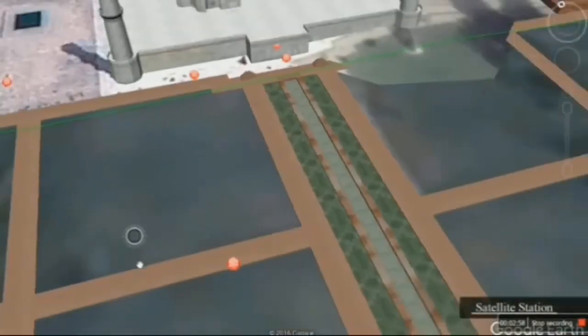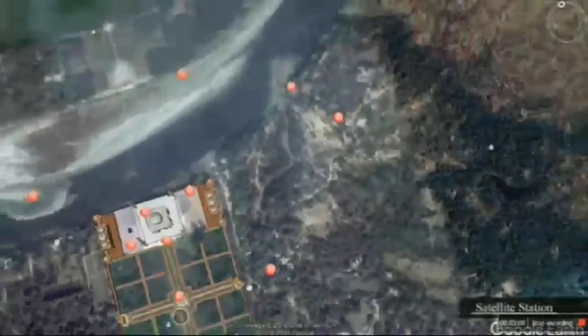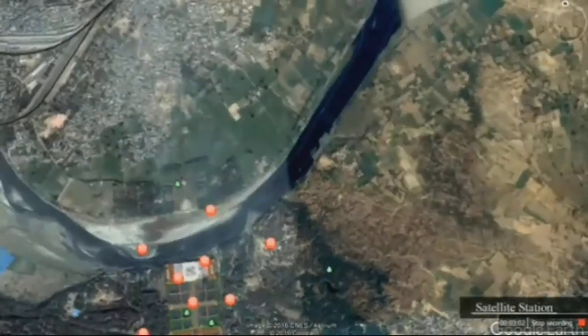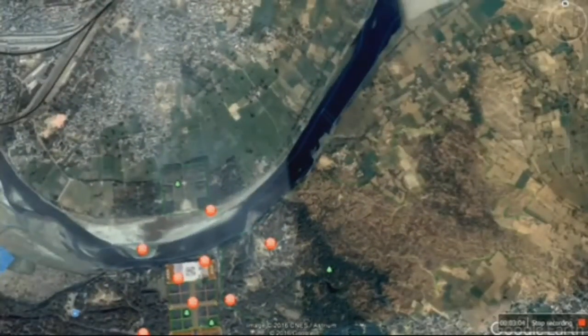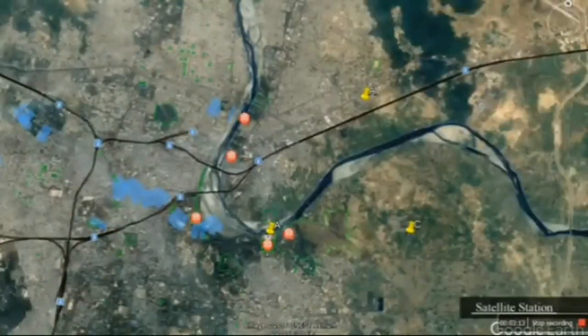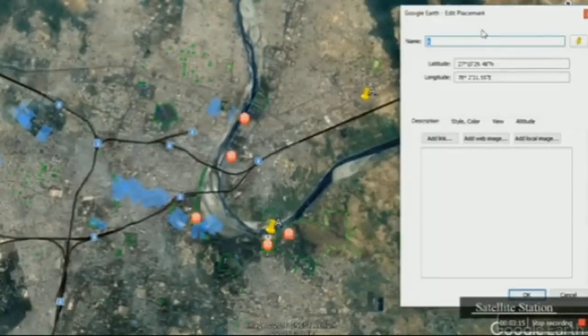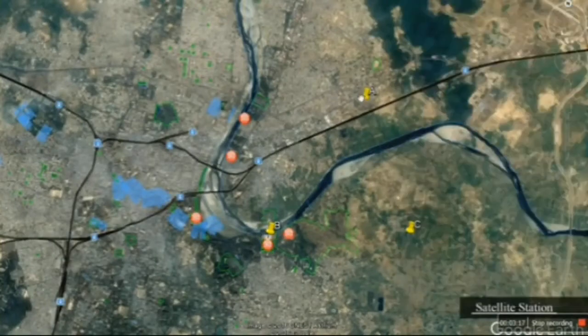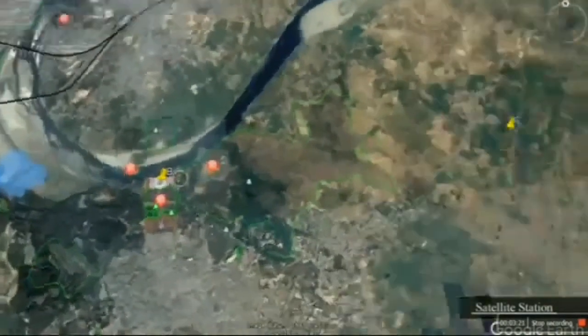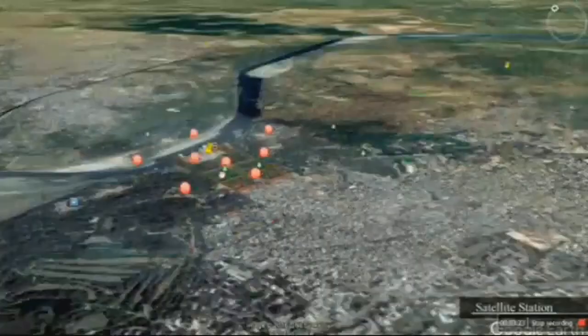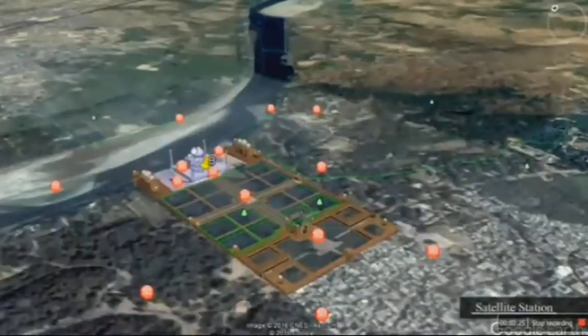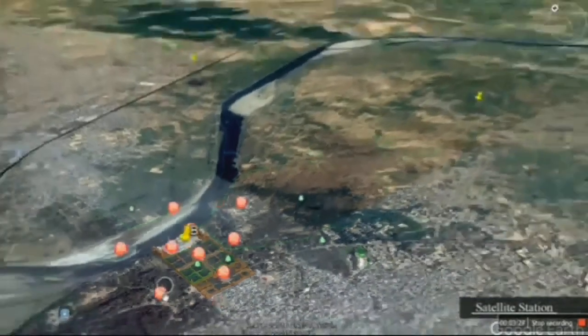Just observe here. Here I am selecting the stations A, B and C. There are three triangulation stations, A, B and C. Here station B is on the top of the Taj Mahal.